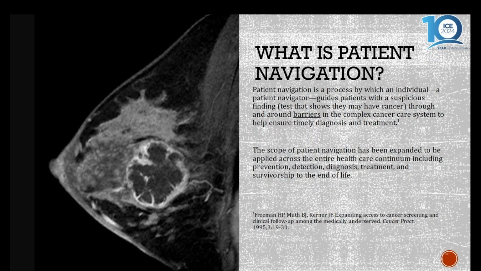The scope of patient navigation has been expanded to be applied across the entire healthcare continuum, including prevention, detection, diagnosis, treatment, and survivorship to the end of life. This is a definition that Dr. Freeman came up with, and bottom line, patient navigation is a process that is used to help patients overcome barriers to care.